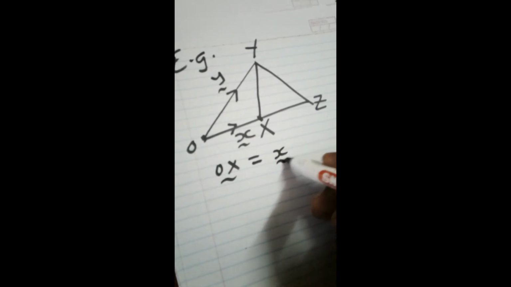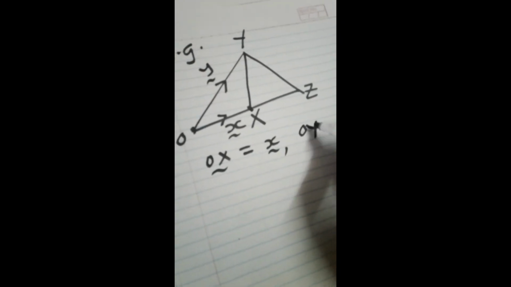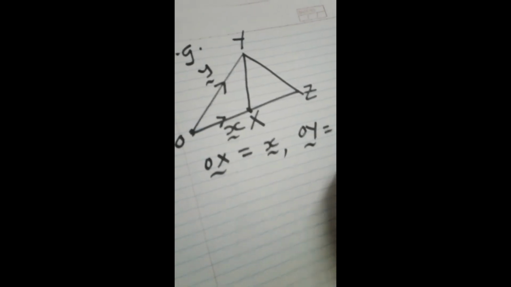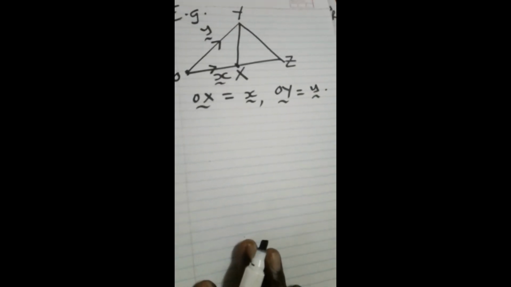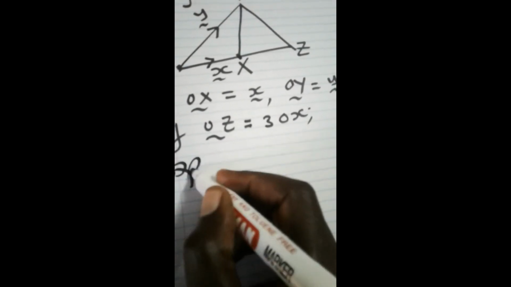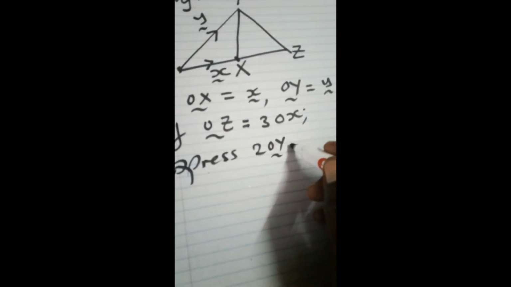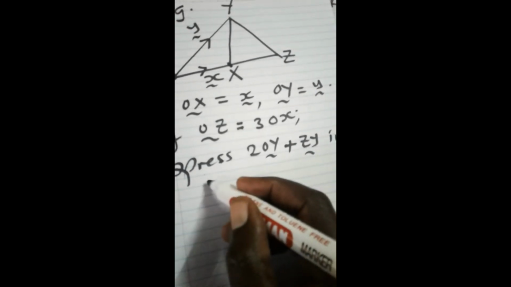So OX is vector x, OY is vector y. Now, if vector OZ is 3OX, find 2OY plus ZY in terms of x and y.